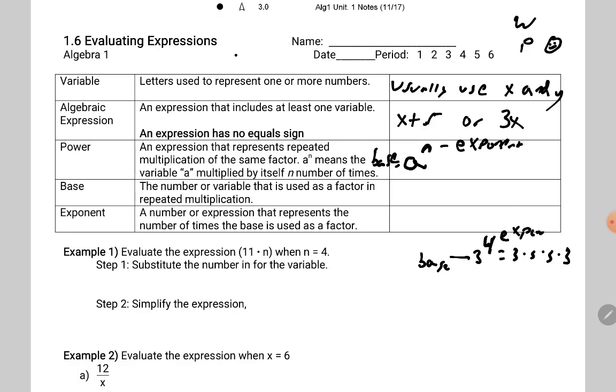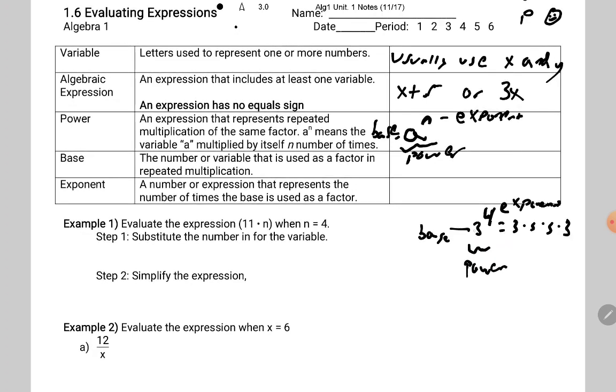This exponent. And this power is this whole process. So 3 to the 4th power, that's the whole process. We call the 4th power the exponent. So the number up top is the exponent. The number below is the base. So that's what all those mean. So once again, base is the base number on the bottom. The number up top is called the exponent, and this whole process is bringing a number to a power.